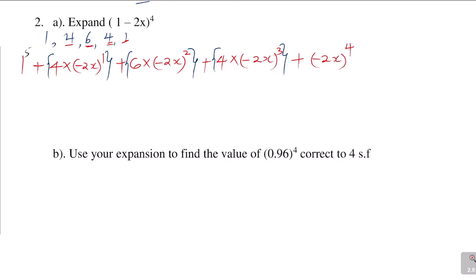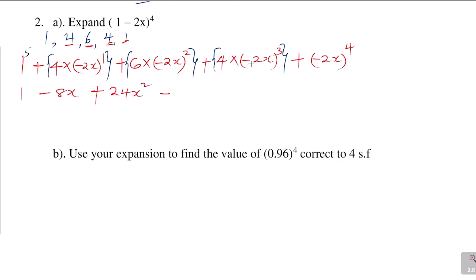So from there, let me simplify. You have 1. This is 4 times negative 2x, negative 8x. Then the other one will be positive, of course: 6 multiplied by negative 2x squared. You square that, this will give 4x squared. 4x squared times 6 will give 24x squared.